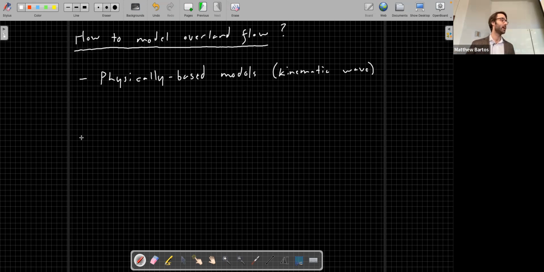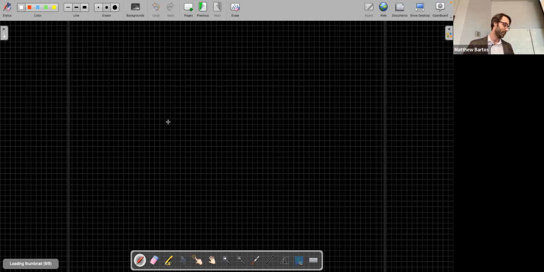Okay, so the other major method used to model how excess precipitation transforms into channelized flow is to use what's called a unit hydrograph. Let me give you the basic idea of a unit hydrograph.